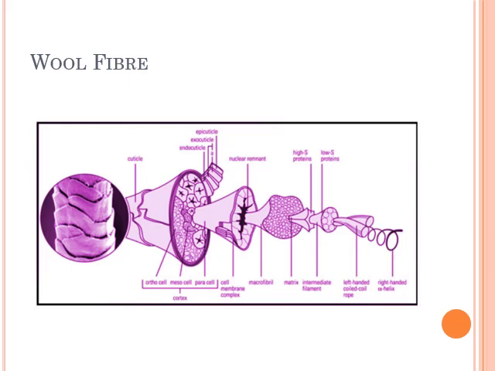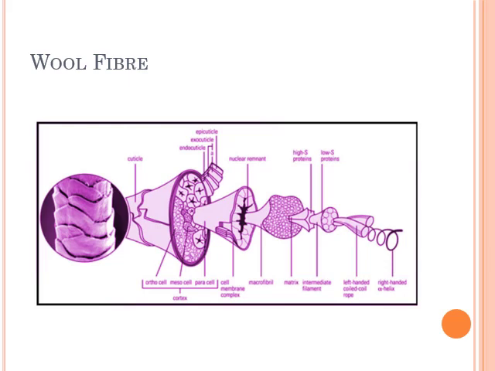The cortex of the wool fiber is the core of the fiber and forms about 90% of the fiber volume. It contains countless long spindle-shaped cells, or cortical cells.